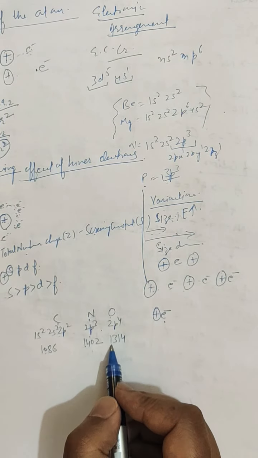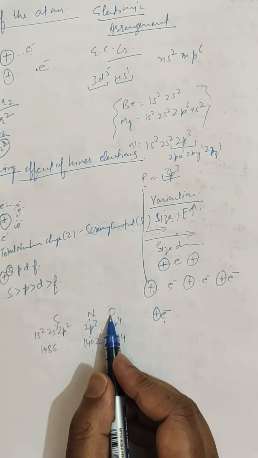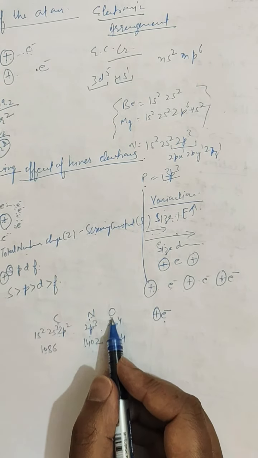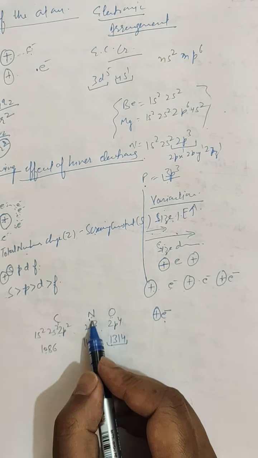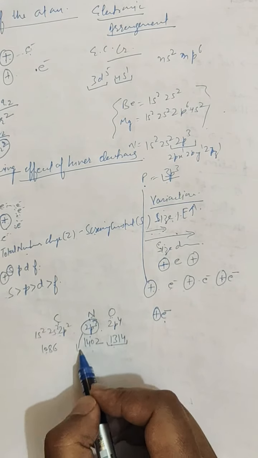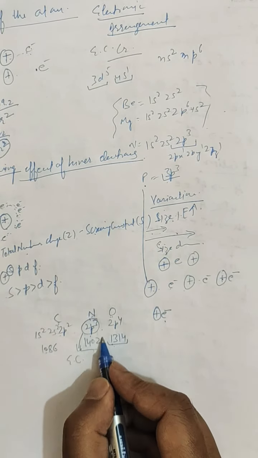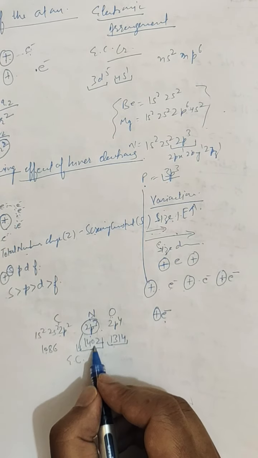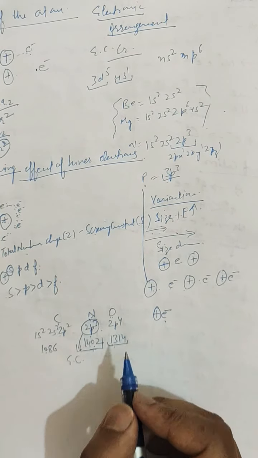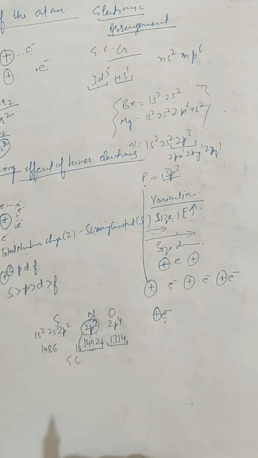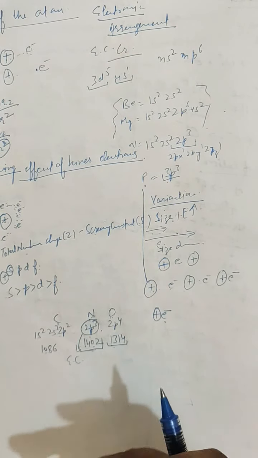But what happens in oxygen? It doesn't increase when we move from nitrogen to oxygen, it decreases. Why? Because nitrogen has an exceptionally stable half-filled electronic configuration, which results in its higher ionization energy as compared to oxygen.